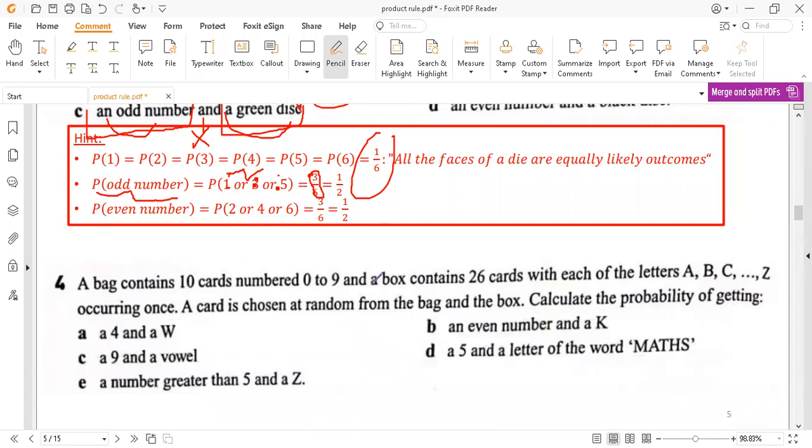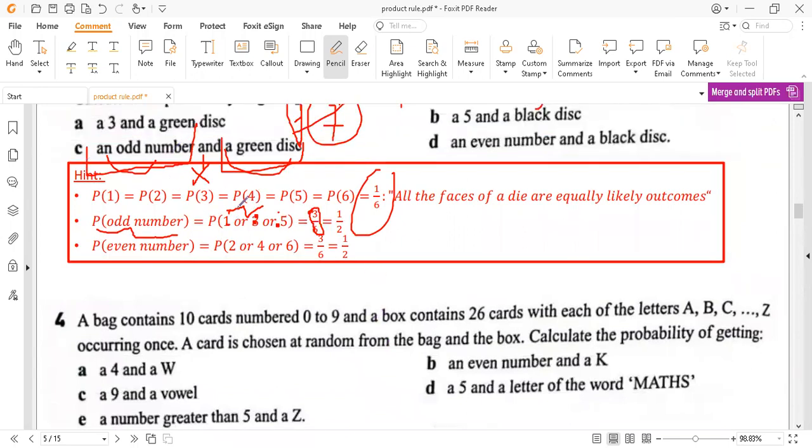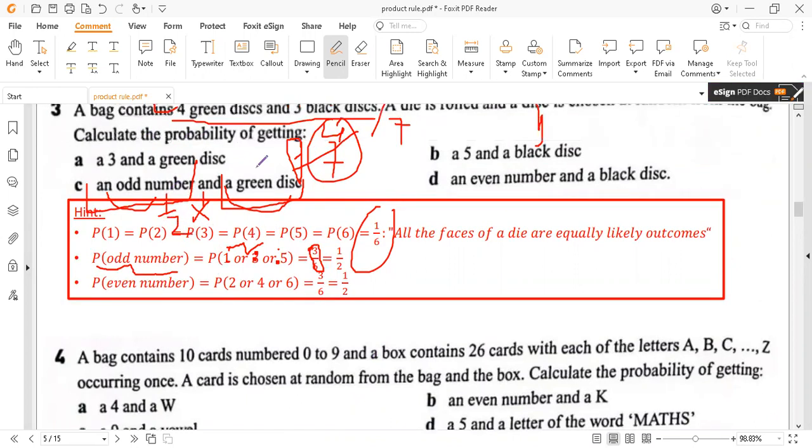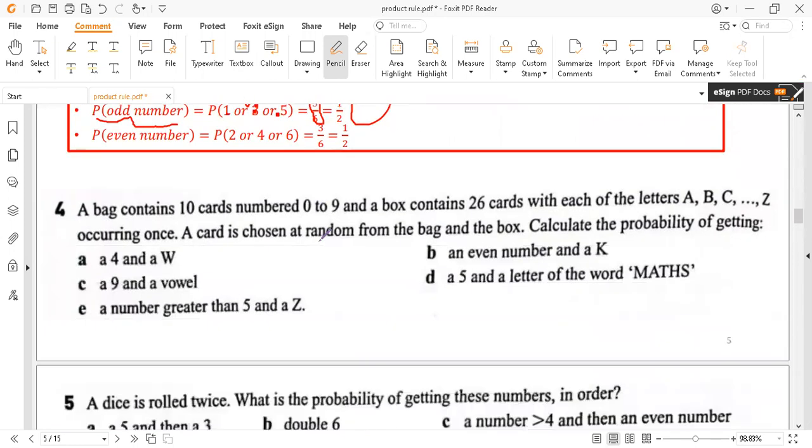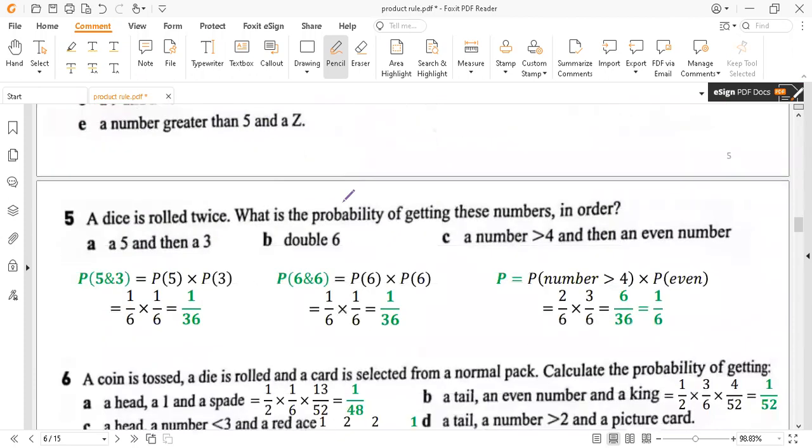So it is very easy to use these hints to calculate. So we multiply 1/2 by the probability of getting a green disc, 4/7. We will finally obtain 2/7, after simplification. And you can also complete the following exercises by yourself. We don't have any difficulty in these.